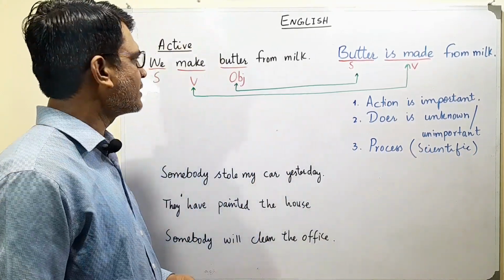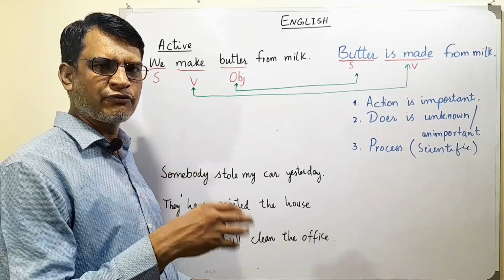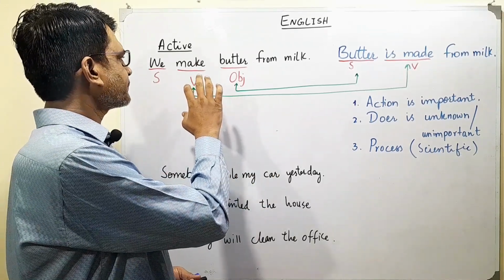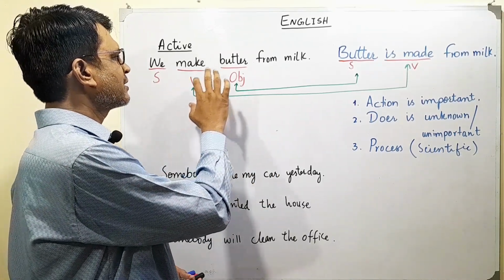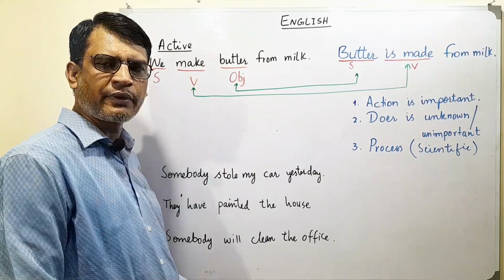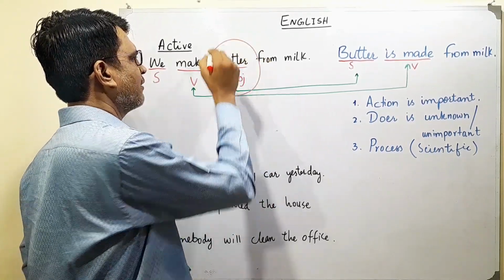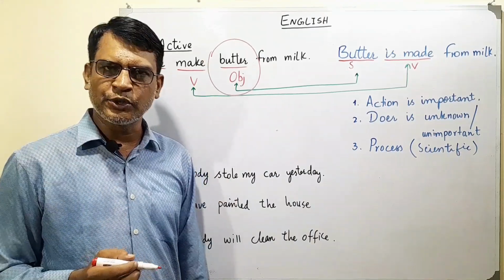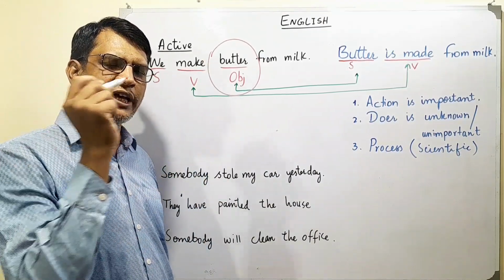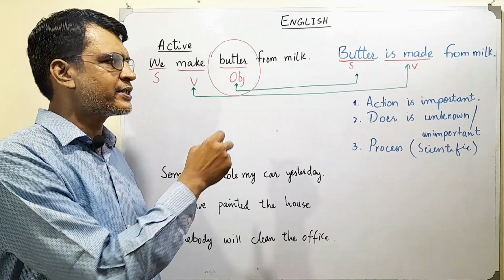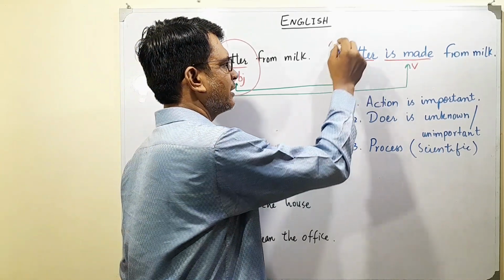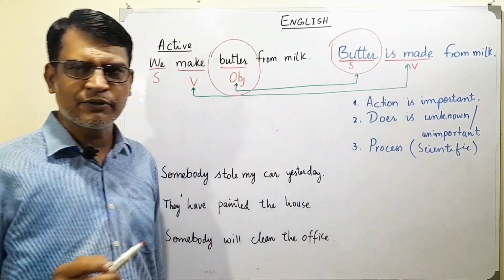So how do we formulate passive from active? Well, we have to see whatever object we have in active, like in this sentence, we have butter, which is an object. We change the object of the active sentence into the subject of the passive sentence.